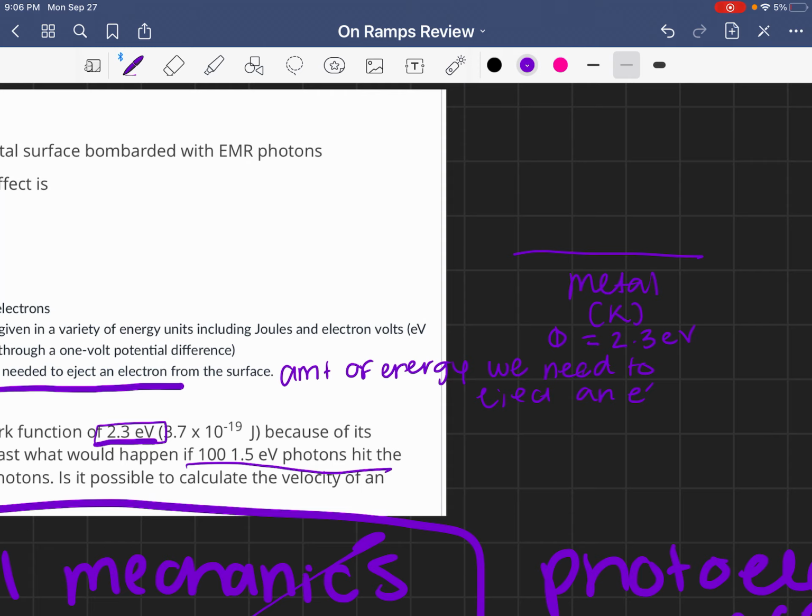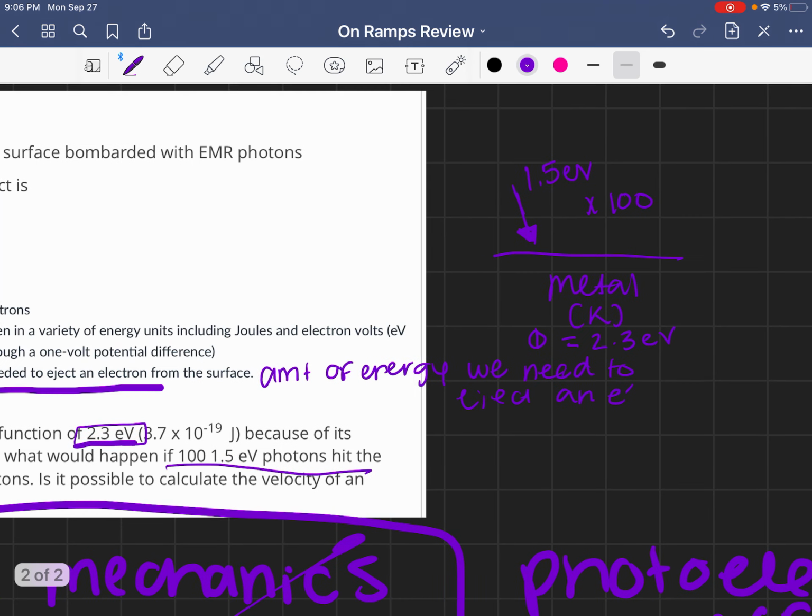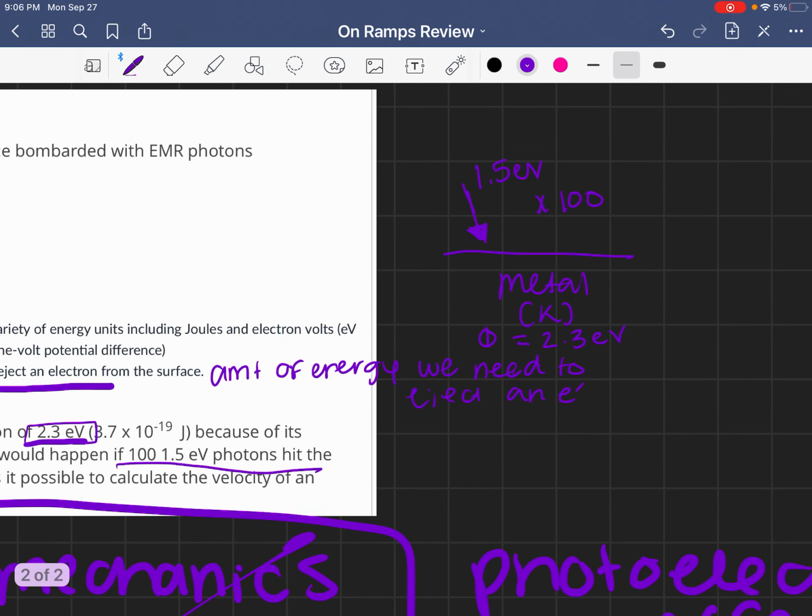What would happen? So we're going to go ahead and draw that out. So we're going to have a 1.5 eV, and we're going to have 100 of them. This is a photon, also known as a light, hitting the metal surface. Just because we have 100 of them does not mean anything.